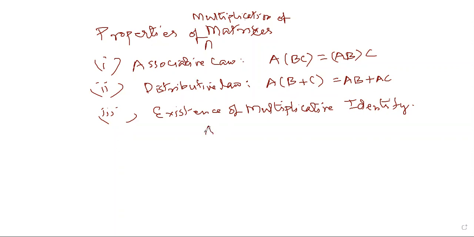When we multiply A into I, unit matrix, or I into A, it will be equal to A only. So I is called the multiplicative identity for every square matrix A.